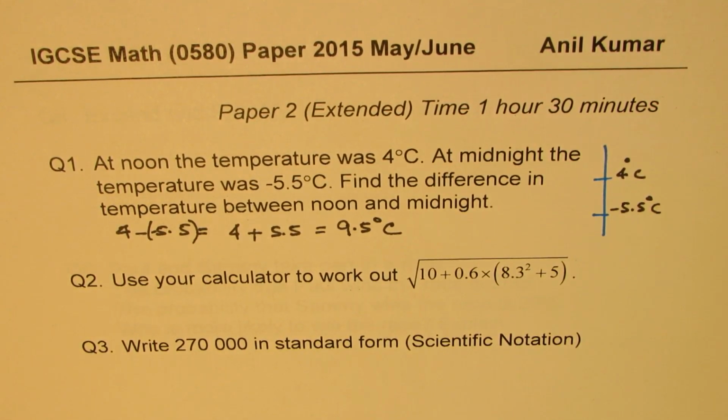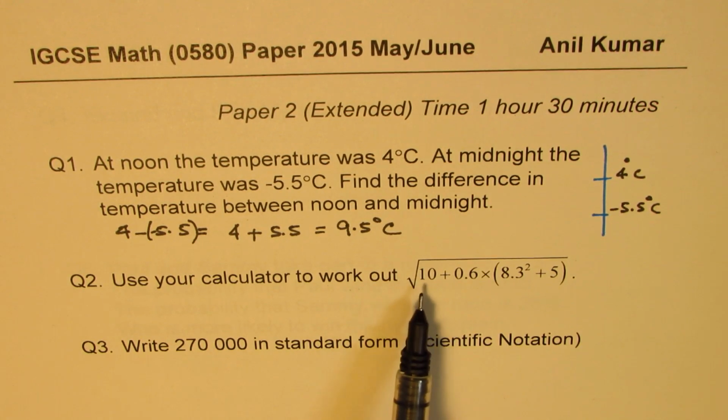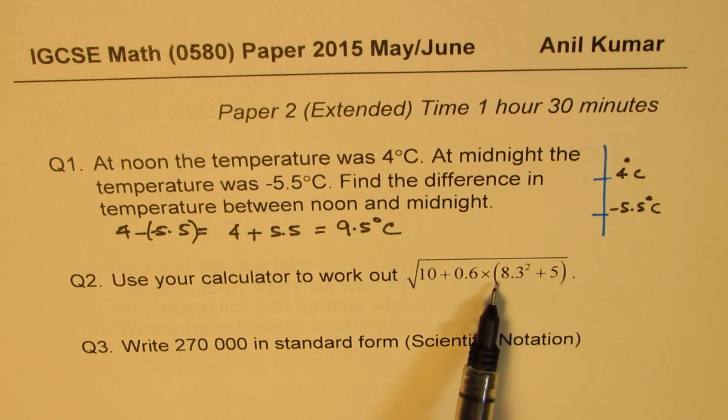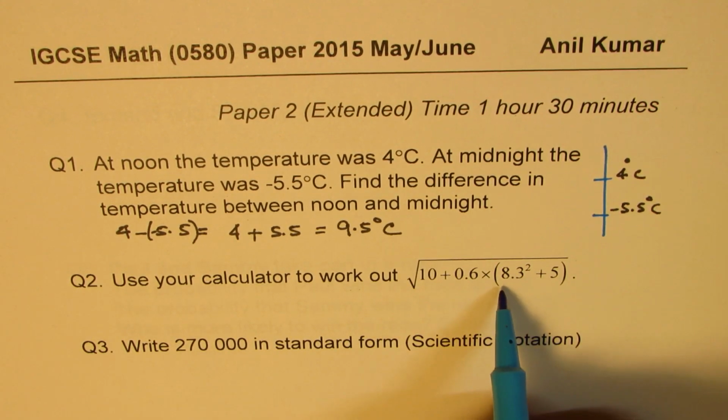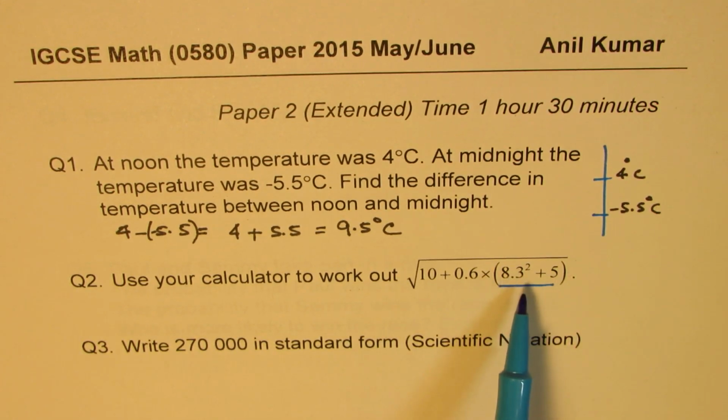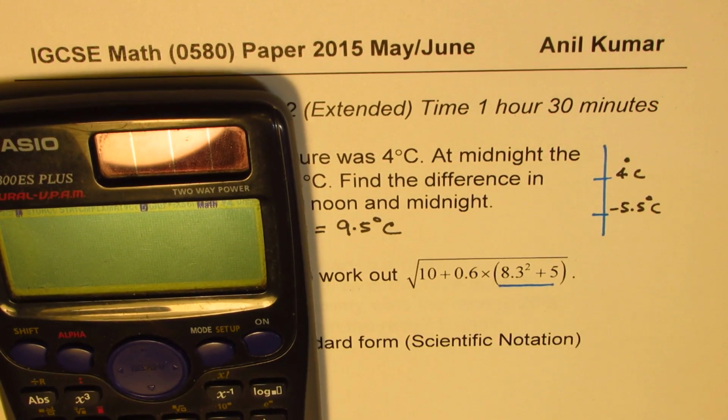The second question here is, use your calculator to work out the square root of 10 plus 0.6 times (8.3 squared plus 5), and that is within the square root. So we are going to apply the order of operations, starting with inside brackets and then moving outwards. So to begin with, 8.3 squared, that is the first number.